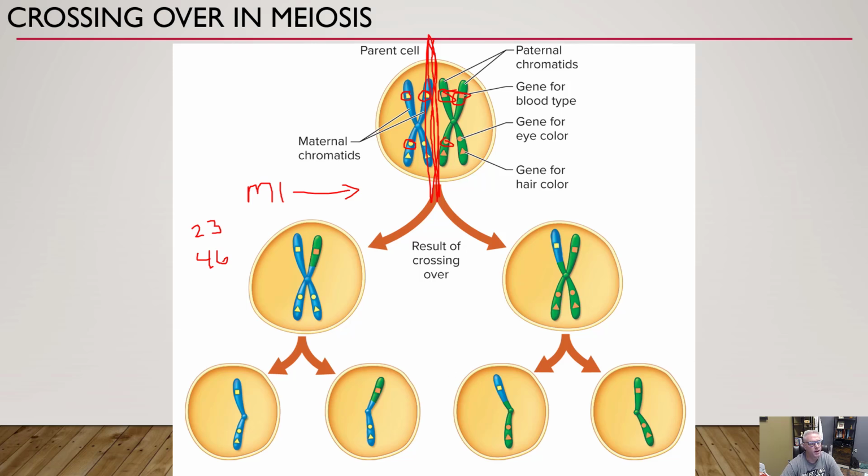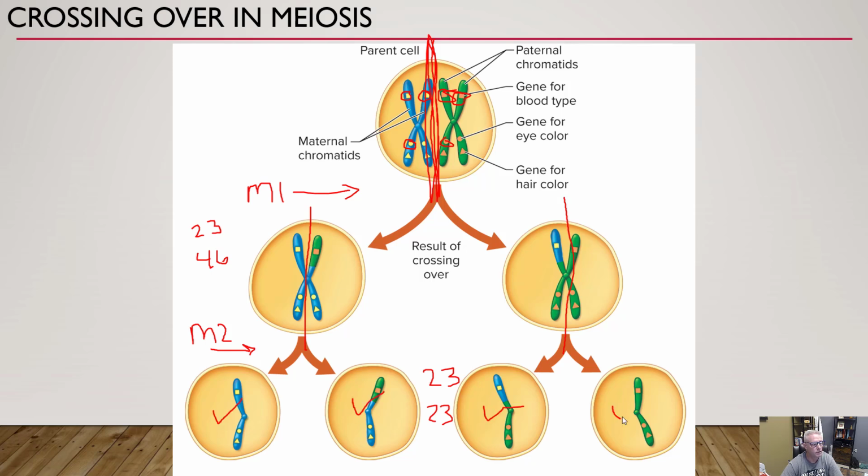I know we haven't talked about meiosis 2 yet, but here's where we would do meiosis 2. In meiosis 2, essentially what we would be doing is just splitting the cell down here, so that at the end of meiosis 2, we would have 23 chromosomes with 23 chromatids in each cell.